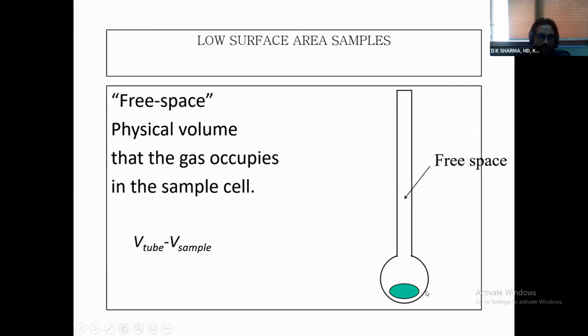Remember, this is just the tube in which you keep your sample, but above the tube there will be walls closing it, and then there will be a transducer to measure the pressure. So the space between this and the wall above, and then the space up to the transducer, is all included in the free space.